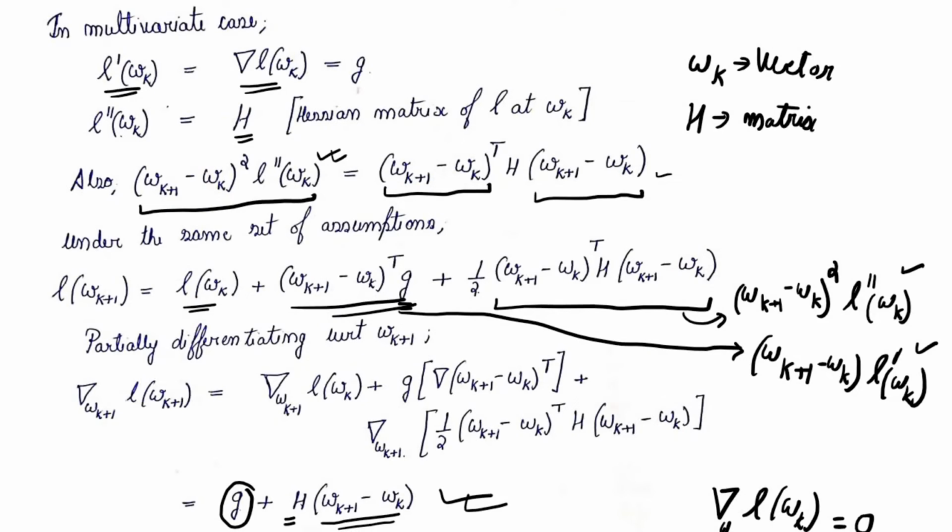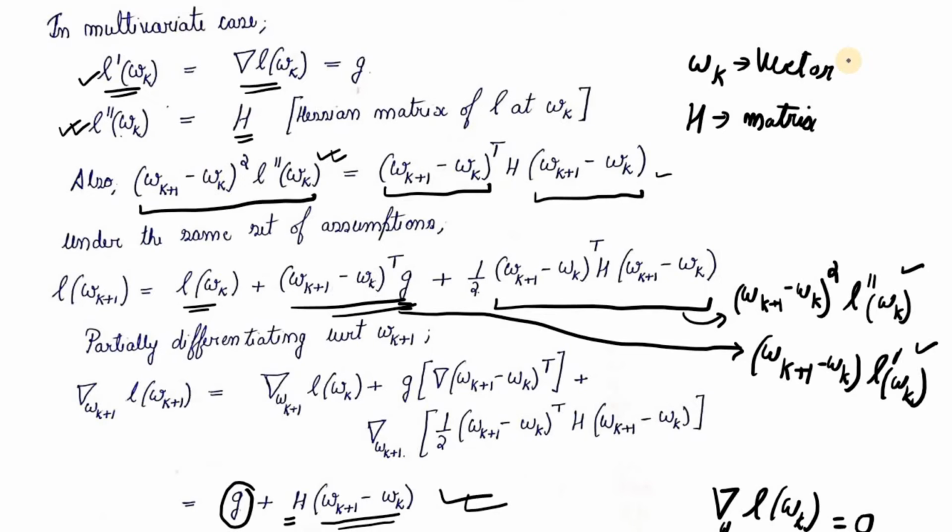So let's recap a bit on how we proceeded with the multivariate case. So we knew that for the univariate case, the derivative of L with respect to W_k was L dash W_k, and this was a double derivative. We replaced the univariate derivative with gradients and Hessians.